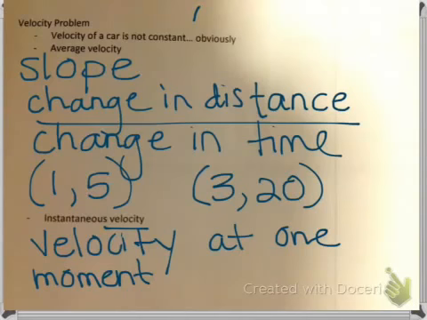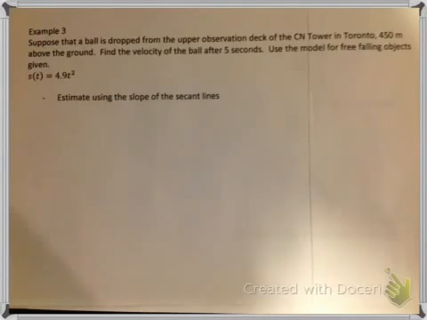So after driving exactly 2 seconds, how fast was I going? So hopefully you can see that instantaneous velocity is like slope of a tangent line, where average velocity is like slope of a secant line, because you have 2 points for average velocity, where you only have 1 point for instantaneous velocity.